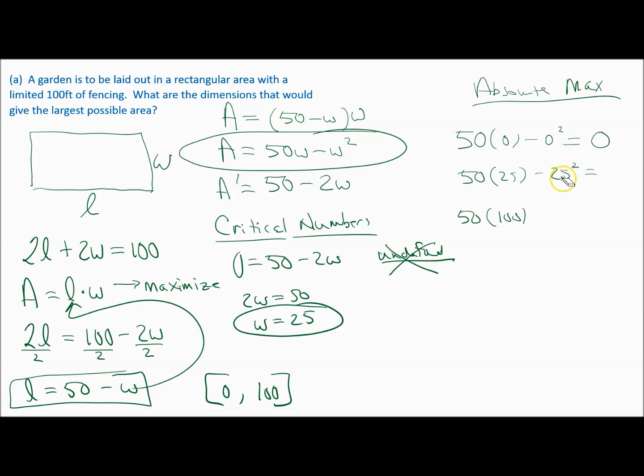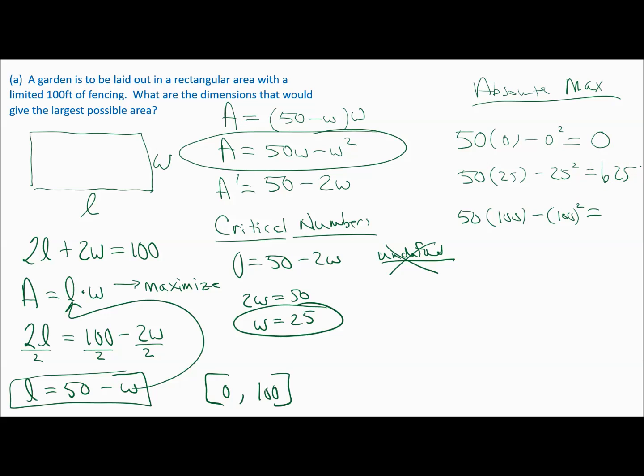I wrote that all wrong. All right, so let's run our numbers. So you got 50 times 25 minus 25 squared, and that gives me 625.